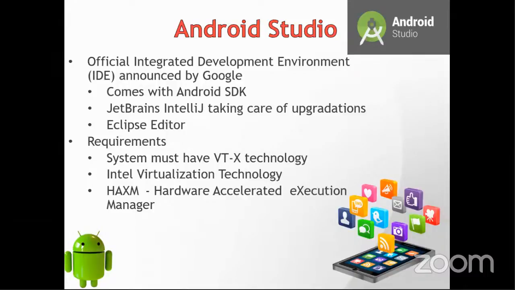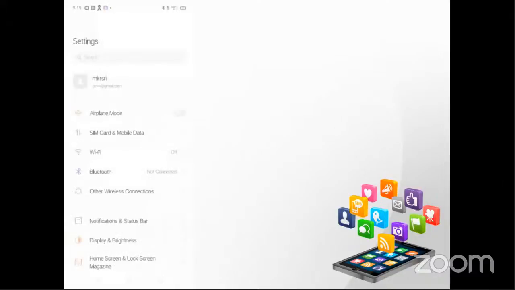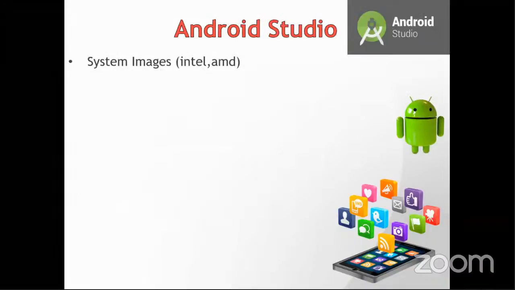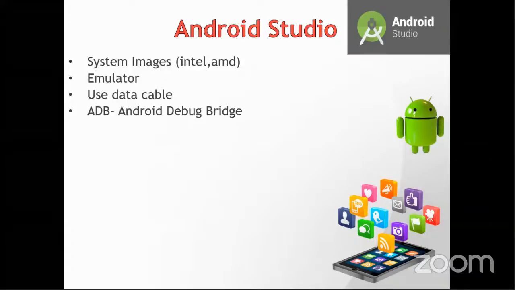So whether it is a system image, an emulator, or a device with a data cable, whatever the outputting mode is, a system image or emulator is used when the laptop is supporting VTX and HAXM. The ADB is a versatile tool which connects the Android Studio environment with the outputting device, so that you can check the outputs.